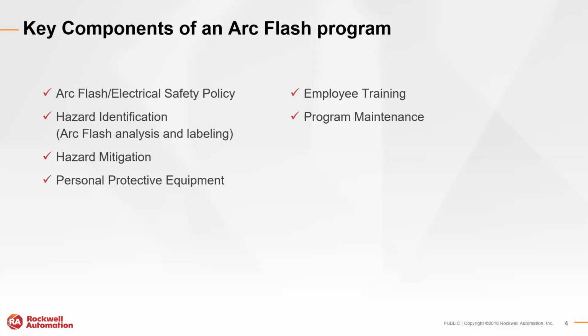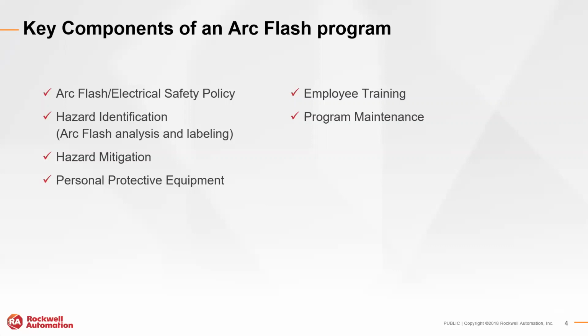Another component is the hazard identification, which I'm going to dig into a little bit deeper shortly here. Hazard identification meaning getting an updated arc flash analysis completed for your facility, which will tell you how much arc flash risk there is at each of the enclosures in your electrical distribution system. Hazard mitigation is a good component of an arc flash program.